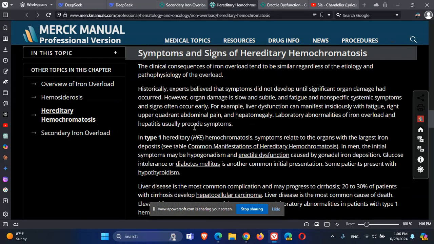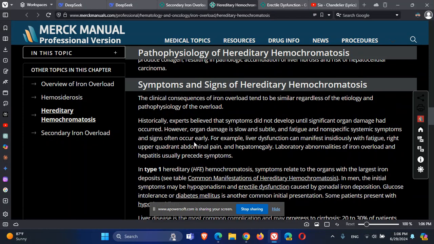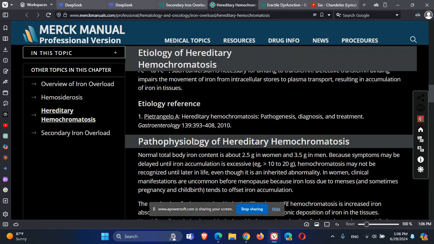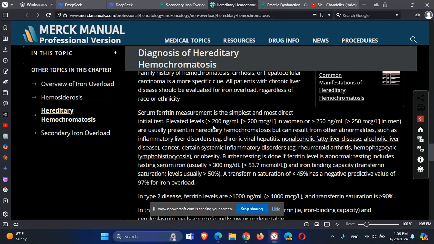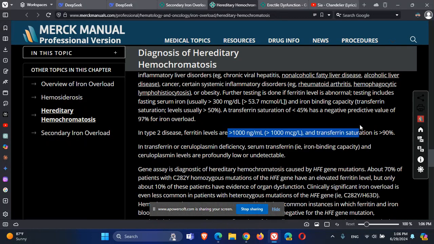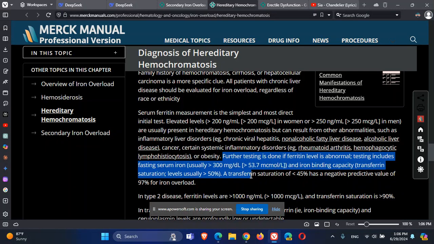So about the signs, I want to show you the ferritin can be very high. So you can see in hemochromatosis high iron, they talk about it here. There will be high iron and very high ferritin, which can get to 1000 and even more. Transferrin saturation will also be high.